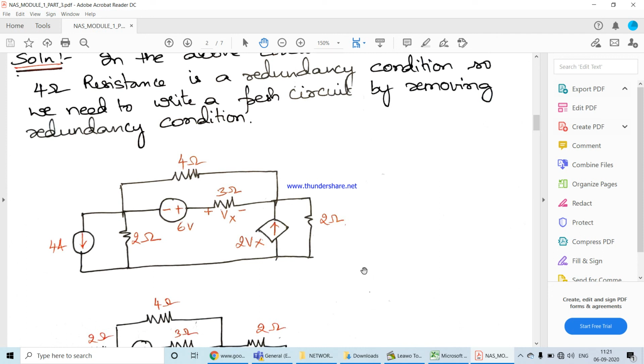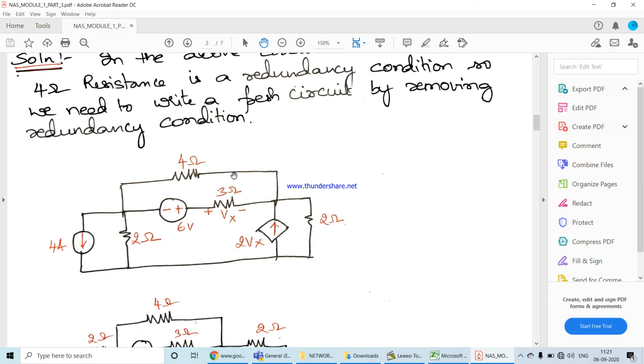Source transformation can be applied to dependent sources, provided the property of the current source or voltage source does not get changed even though the transformation is done.